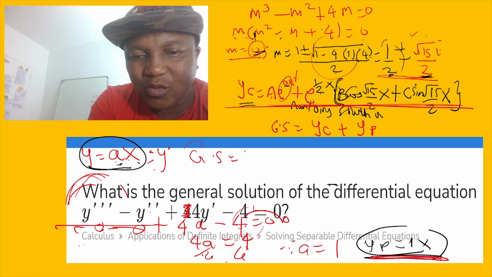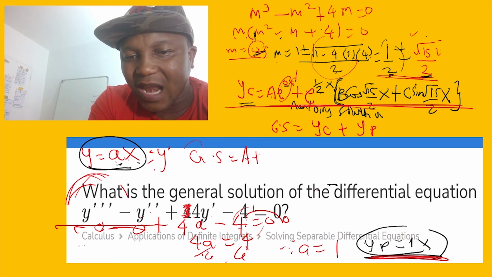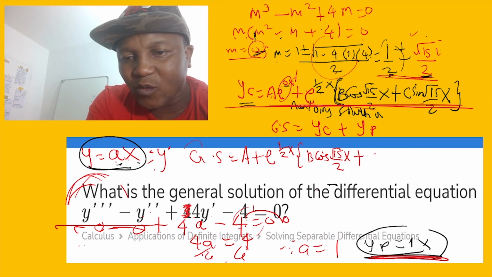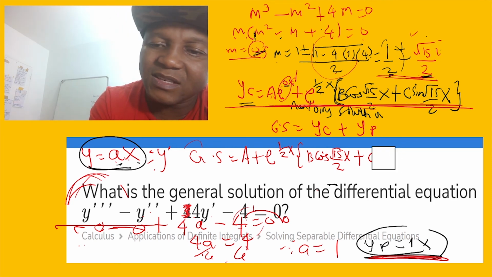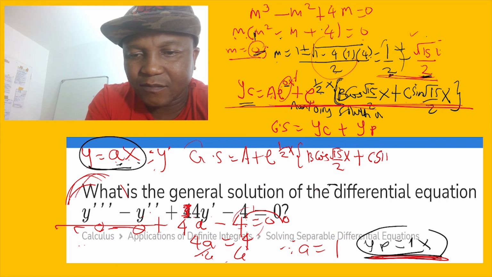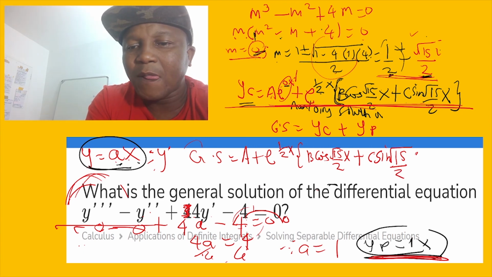So A times 1 equals A, plus, now here you can write exactly e to the power of a half x, open a bracket, b cos of square root of 15 over 2 x, plus this one, c sin of square root of 15 over 2 x.